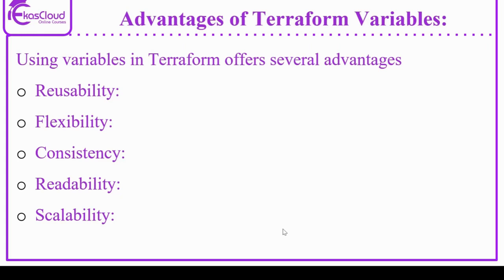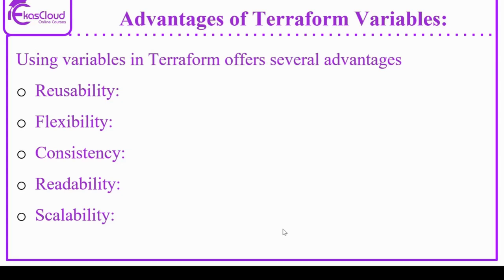Second one is flexibility. Variables allow for easy customization and adaptation to changing requirements without modifying the core infrastructure code. Third one is consistency. Centralizing configuration values in variables ensures uniformity across the infrastructure. It reduces errors and ensures consistency in deployment.